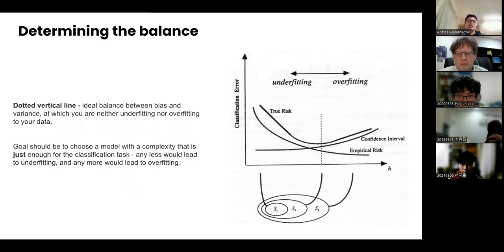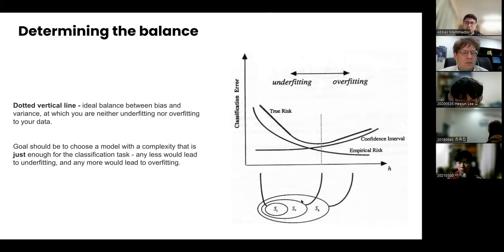As we know, underfitting and overfitting are two dilemmas, very opposite to each other. At some point, if it's overfitting, then there is no underfitting, and if there is underfitting, then there is no overfitting. So we want to find the best point for preventing both underfitting and overfitting, and the VC dimension is helping us to find that.